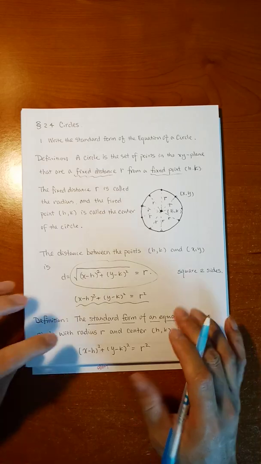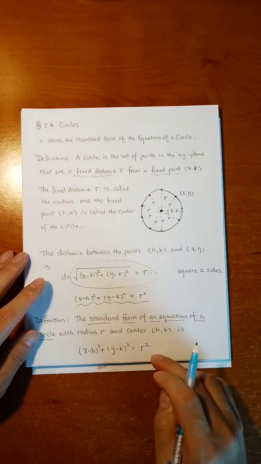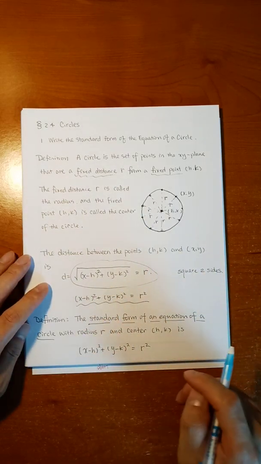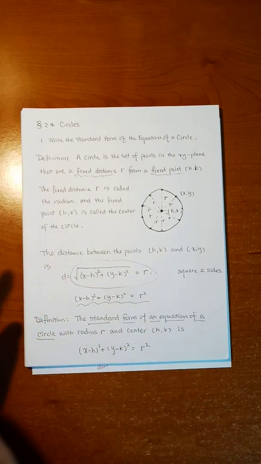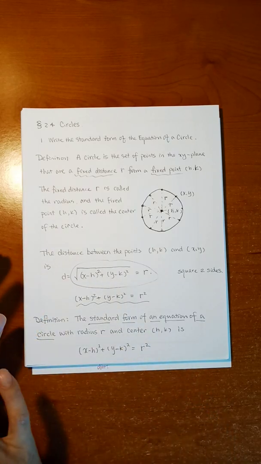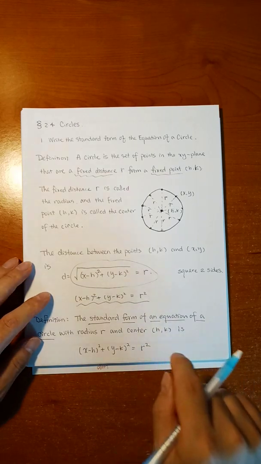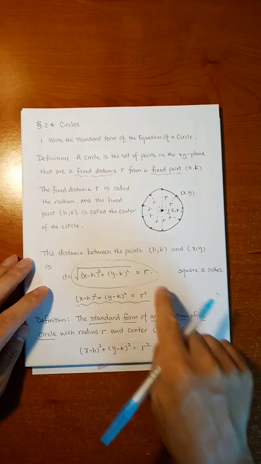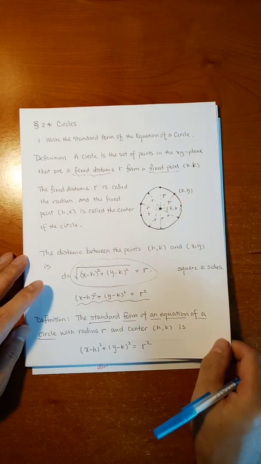Whenever later you see some equation like this, you should realize its graph is a circle. And also be careful, this right hand side is r squared, not r. It's r squared because we squared both sides. Okay, so that's the standard form.